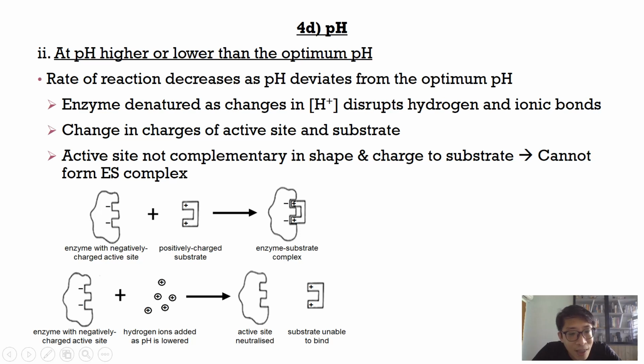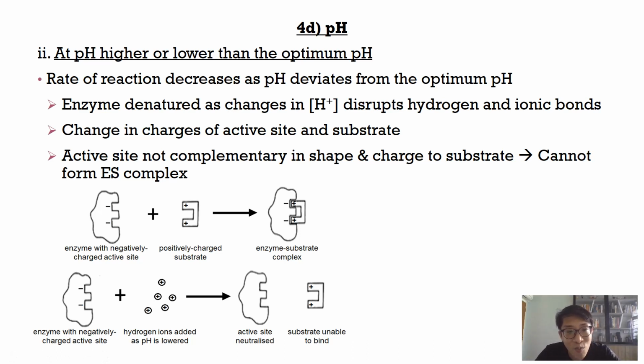But when the pH decreases, when there is a higher concentration of H+, the H+ can neutralize the negative charge at the active site, and that would lower the likelihood of binding between the substrate and the enzyme, thus lowering the rate of effective collision, enzyme-substrate complex formation, and rate of reaction.